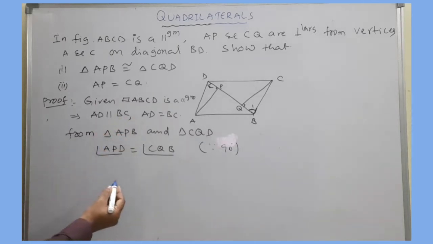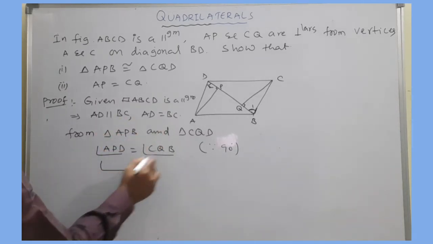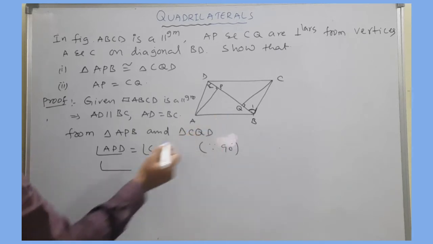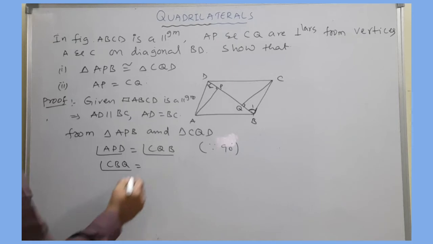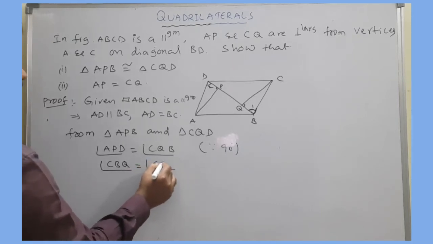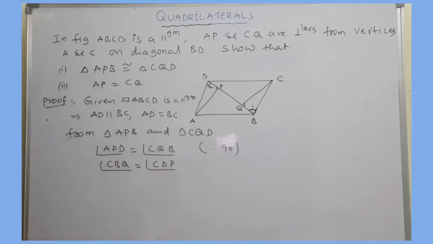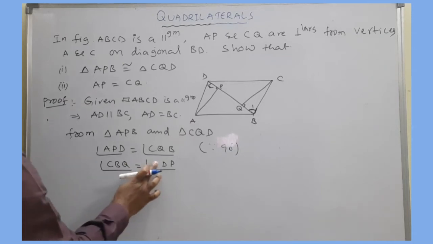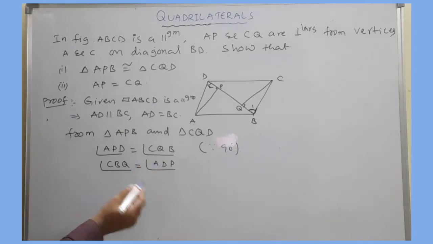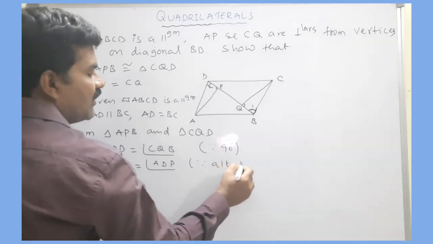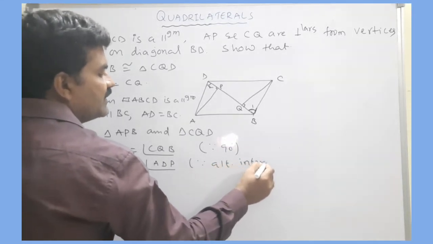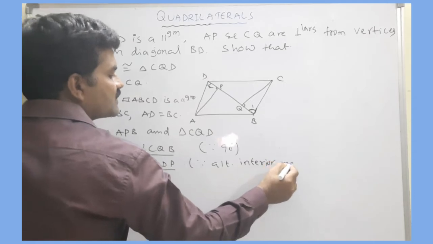And also, see, angle 1 is CBQ, which is equal to ADP. Why are they equal? Since they are alternate interior angles.